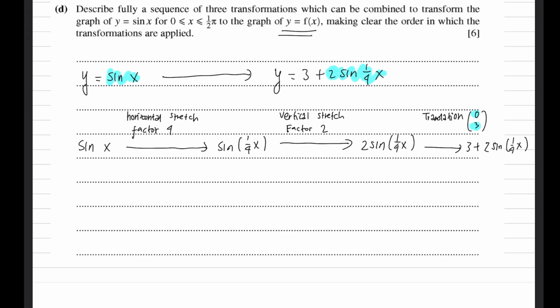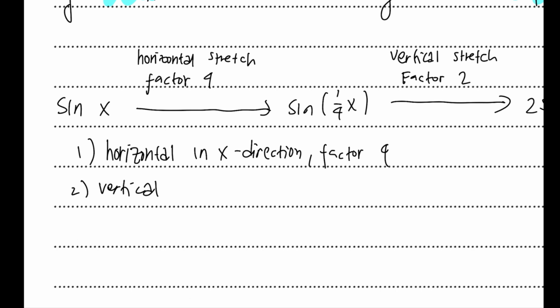So the answer is, the first one is horizontal stretch, or you can say stretch in the x direction by factor 4. The second one is vertical stretch in the y direction, or you can say vertical stretch by factor 2.